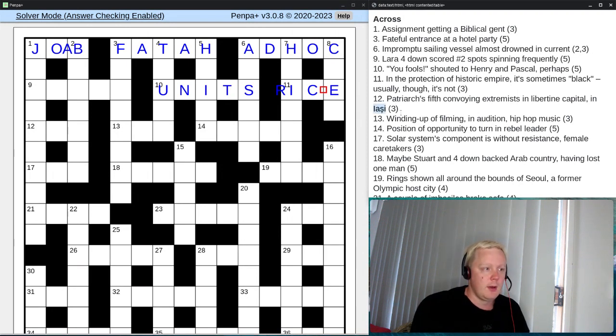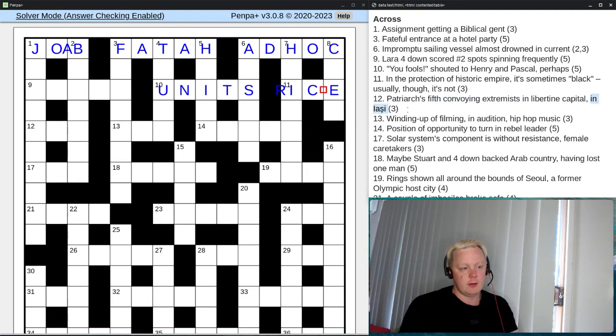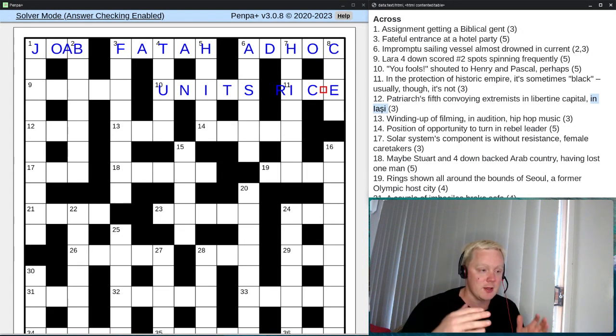So in Yashi would mean we need something that's happening in Romania, something that is in Romania. Now, if it was like in Paris, it might be a French word, but there aren't many Romanian words that are common knowledge for English speakers. So in Yashi is not going to be an indicator of that.